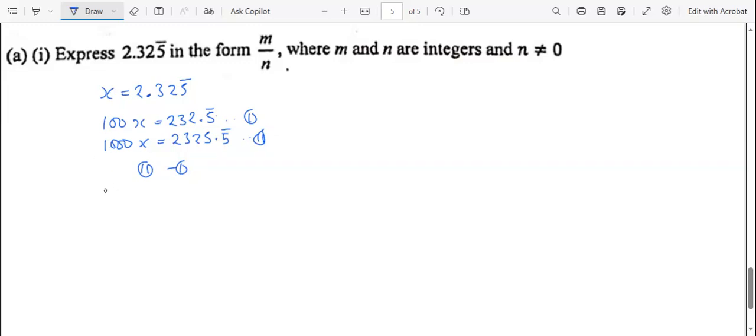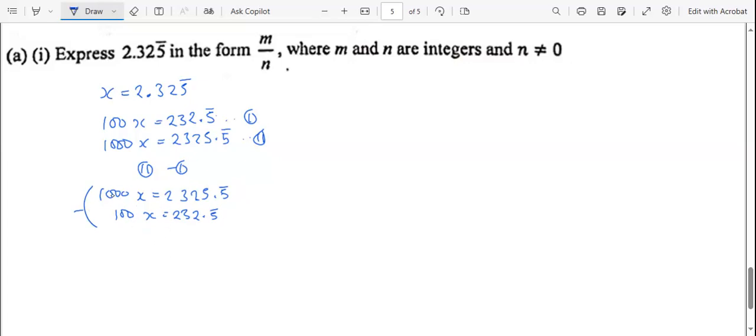Then when you subtract that, that means that we have 1000x is equal to 2325.5 bar. All right. Then we have the other equation, which is 100x is equal to 232.5 bar, like that. Okay, so this you can see that they have subtracted already, so we deal with the actual points.